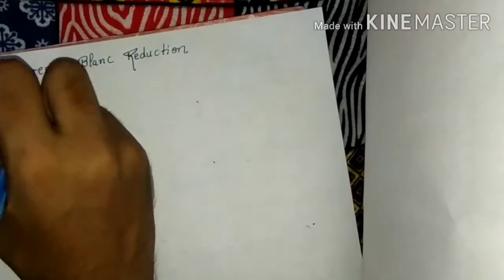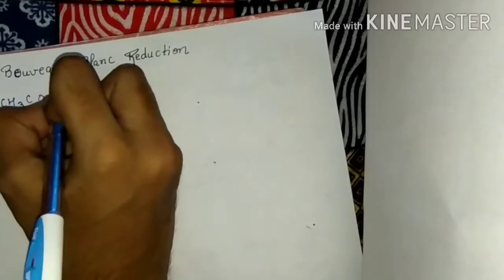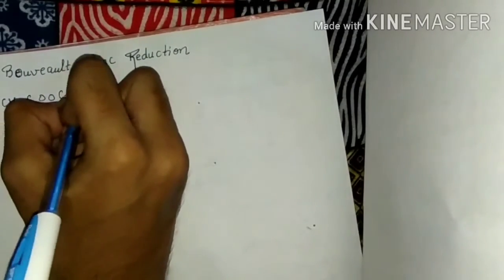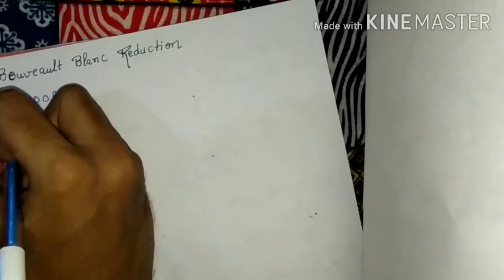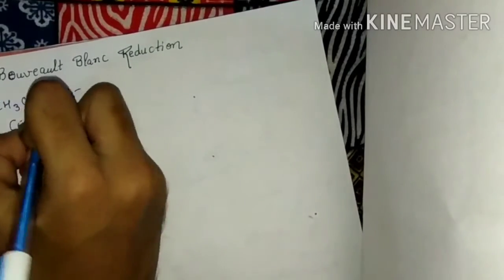How do we write ethyl ethanoate? CH3 COO C2H5, which is ethyl ethanoate.